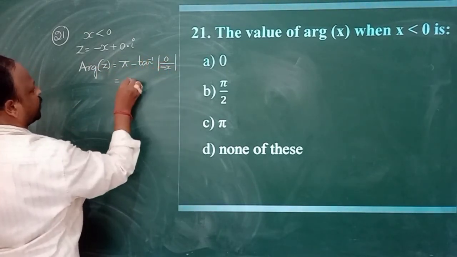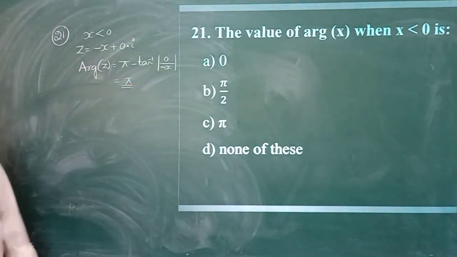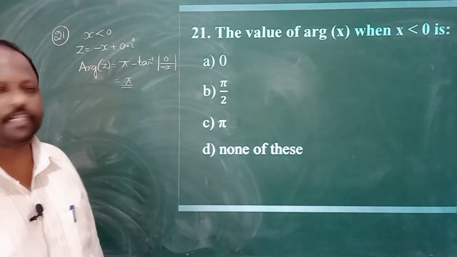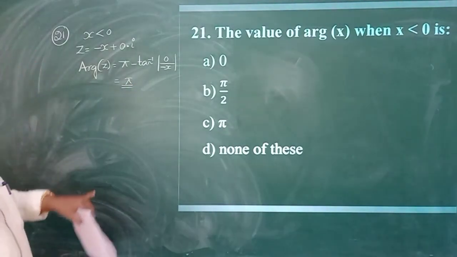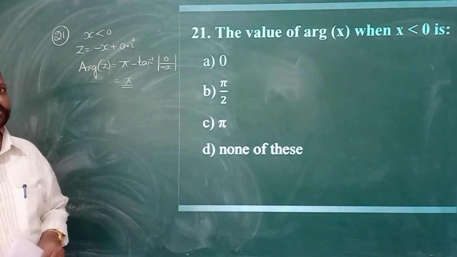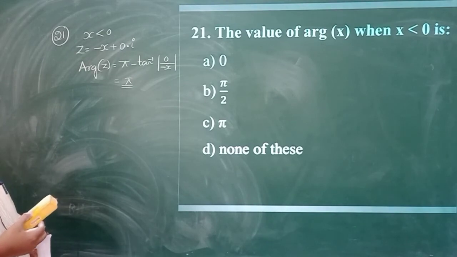So this will be pi only. Second quadrant, minus x, minus plus. So minus plus, second quadrant. So pi minus tan inverse y by x. So option C is the answer.